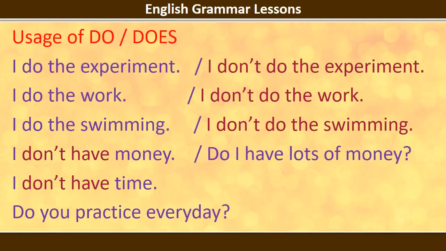Usage of do. Before seeing the practice sentences, let us refer to the three important points for using do. First, do is always used in present tense. I, we, you, they are the subjects we use for do.